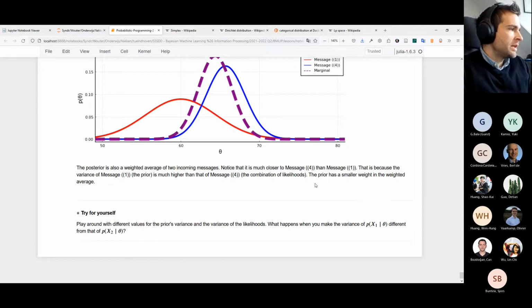I think message passing is, first of all, a very efficient way to do these computations because you can have all of these computations done locally in a computational graph.